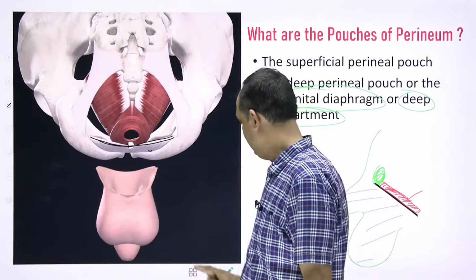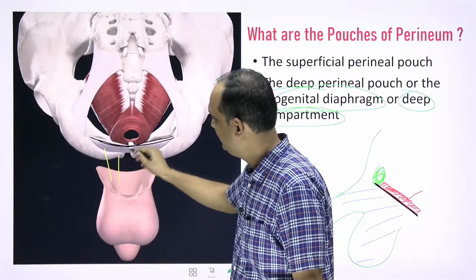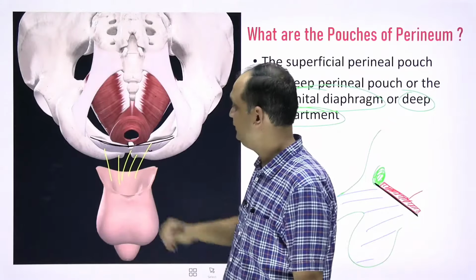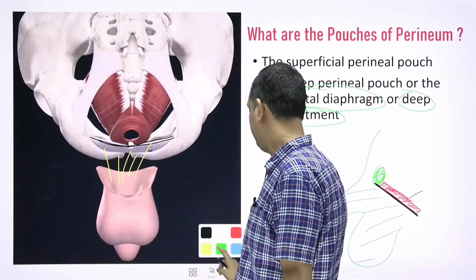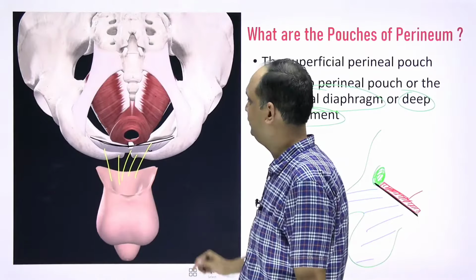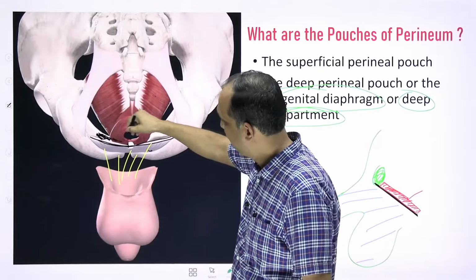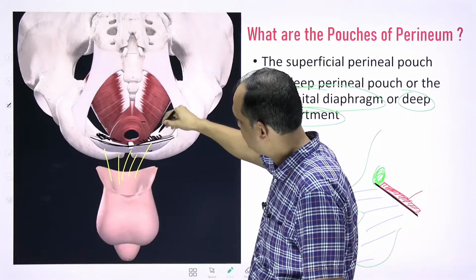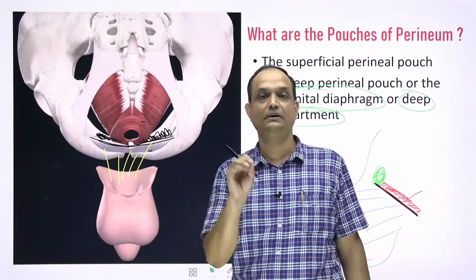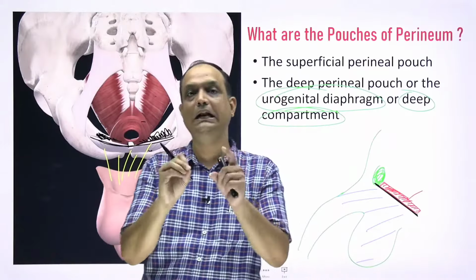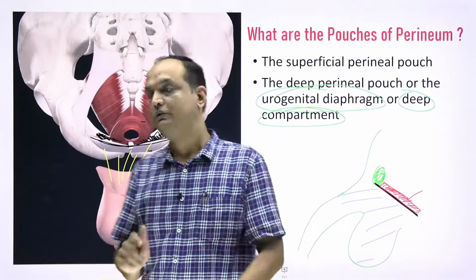Now below the perineal membrane, you can appreciate that this area is your superficial perineal pouch. And where is the deep pouch? If I have to mark it, the deep pouch is this area, where we have the muscles lying just above your perineal membrane. My dear friends, it has to be very clear in your mind what the deep pouch is.